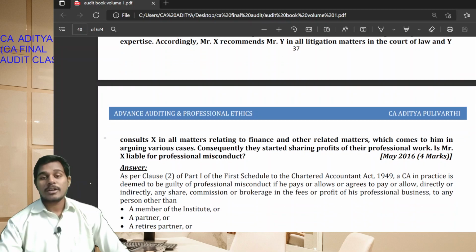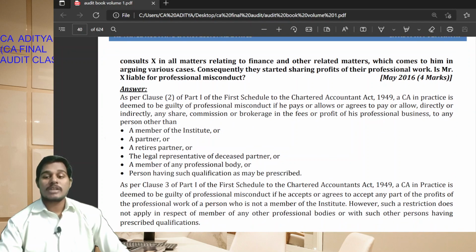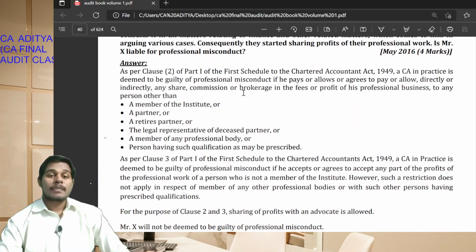A chartered accountant will be guilty of professional misconduct as per clause 2 of Part 1 of the First Schedule to the Chartered Accountants Act only when he shares profits or commission or brokerage with persons other than a member of the institute, partner, retired partner, legal representative of a deceased partner, or a member of a professional body, or a person having a prescribed qualification.